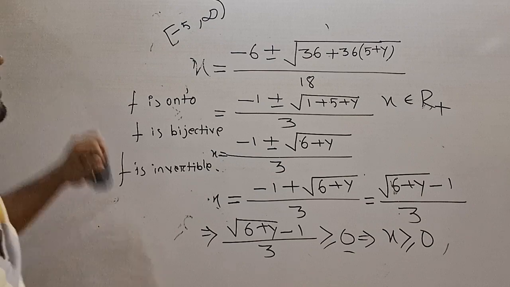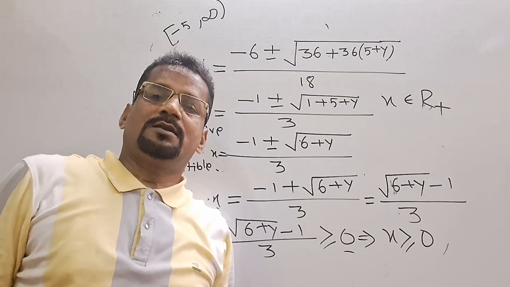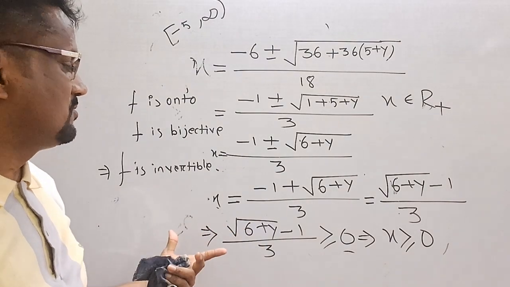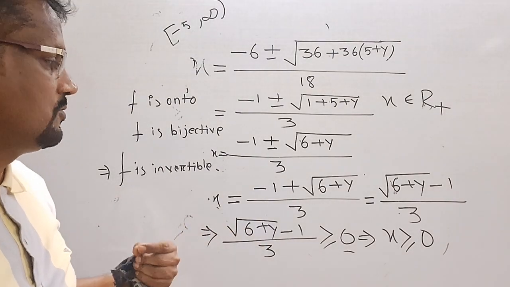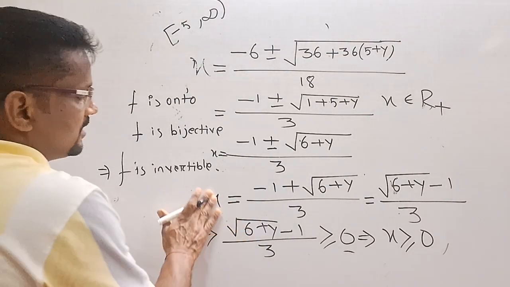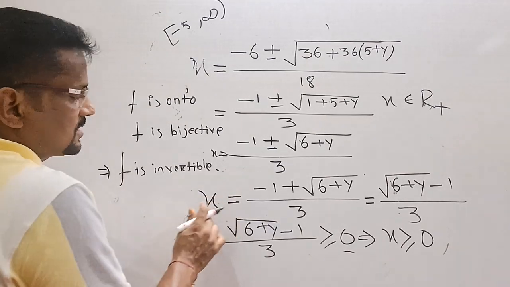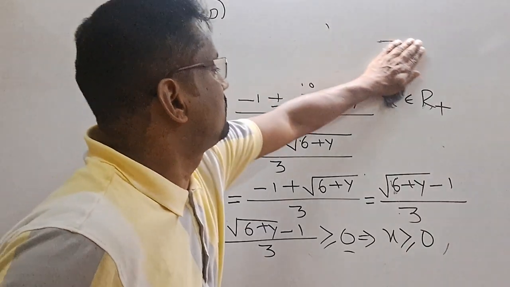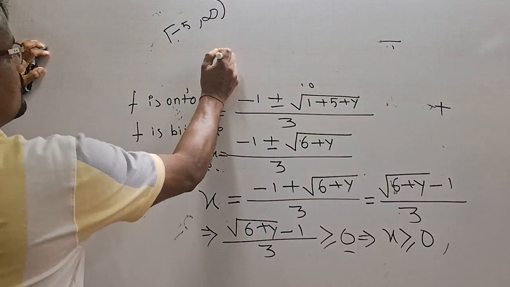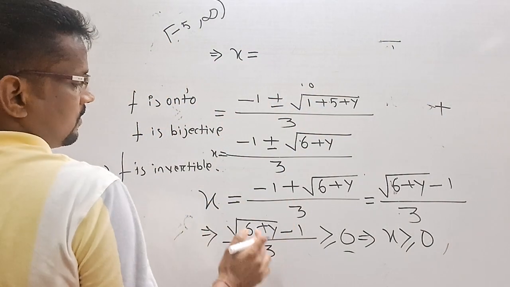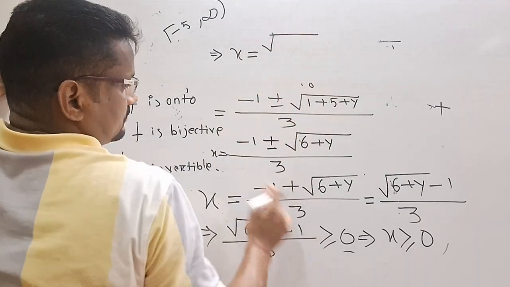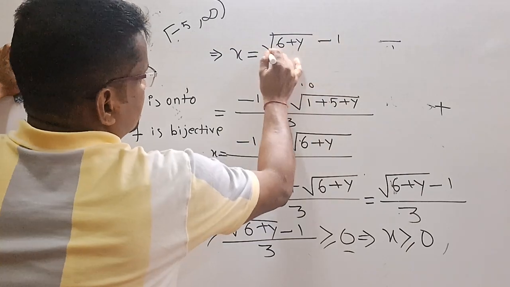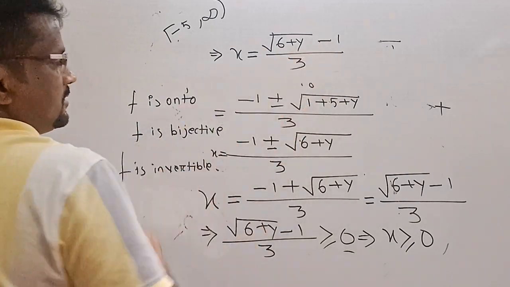Then in the second part it is asked: what is the inverse of the function f? Once you prove that f is invertible, it is very easy to write the inverse of the function. When you finally calculated the value of x, it equals the square root of 6 plus y, minus 1, divided by 3.